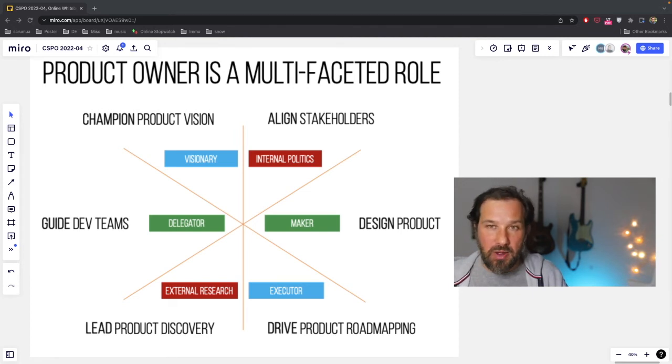So delegation is one thing, but of course, we all want product owners to keep their hands dirty. We don't want just people who come, show us the backlog and leave. We want somebody who can actually show their real skills.